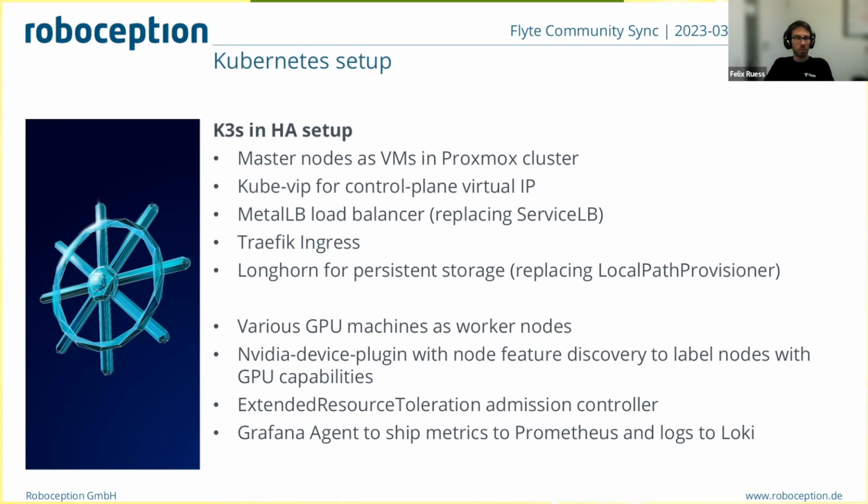And then, of course, to our actual machines that handle the workload. So we have, I think, right now 6 servers with various GPUs that we had from previous projects as worker nodes. And then there are also some nice plugins. So the NVIDIA device plugin, which does node feature discovery.